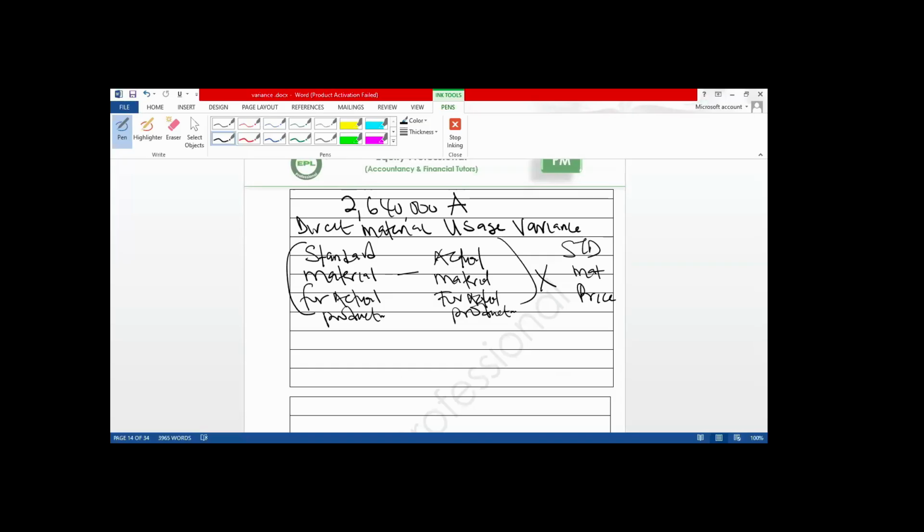Management said to produce one, you are supposed to use 30 liters of material. That means if I produce 2,800, how many raw material am I supposed to use? Management said 30 liters per unit. That means I should have used 84,000 liters.